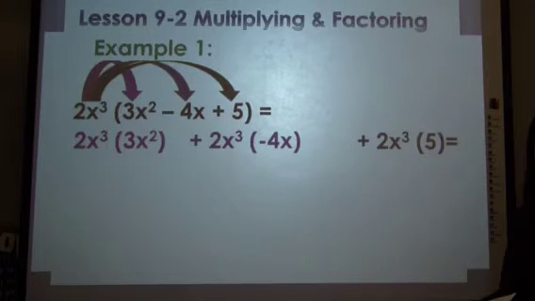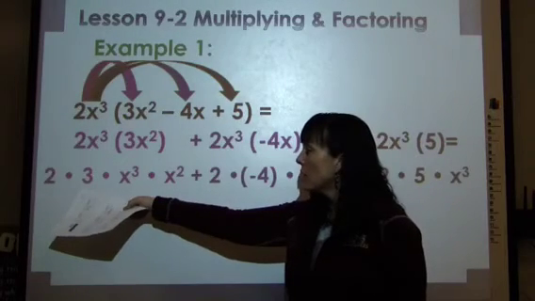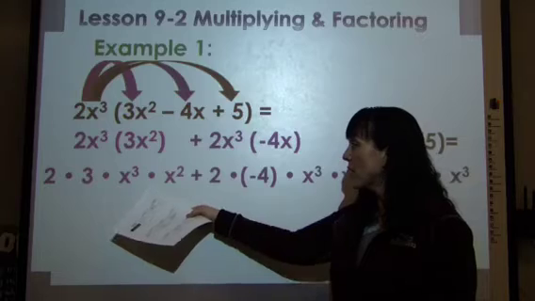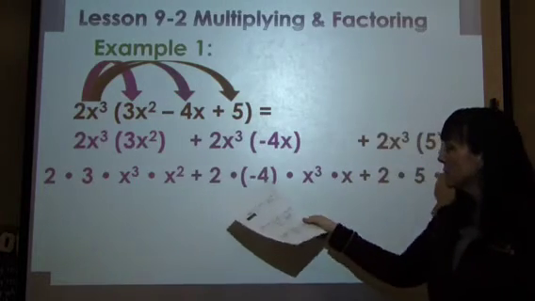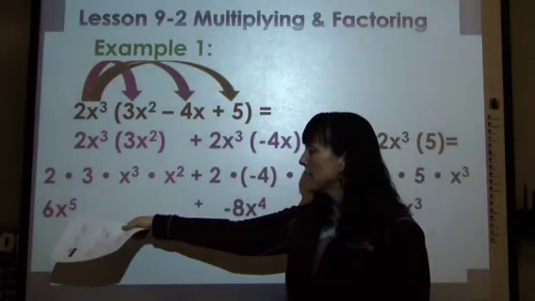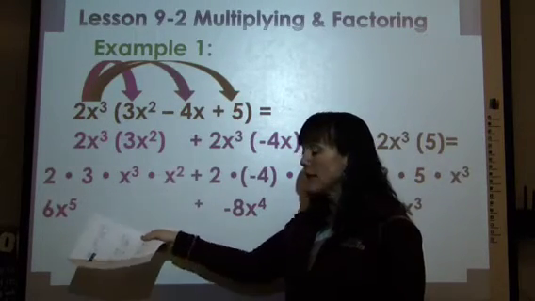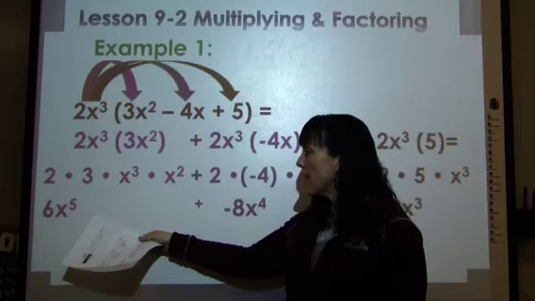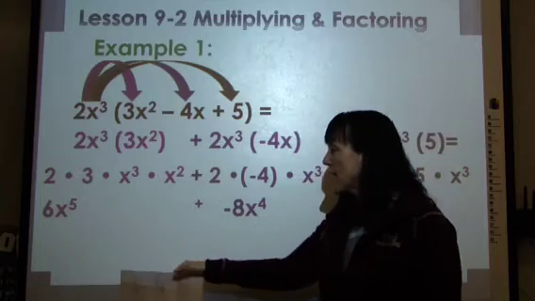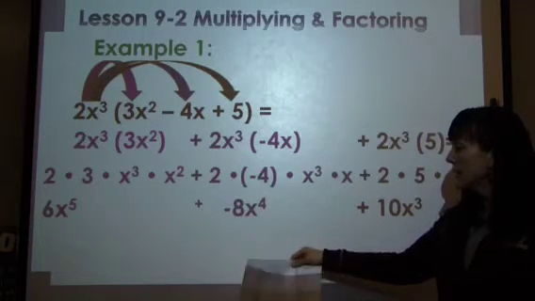Now we're just going to basically combine like terms. Our numbers will be multiplied, and our bases will be multiplied with their exponents added. So 2 times 3 is 6. x to the third times x to the second will be x to the fifth, and we learned in chapter 8 that when we have the same base and a different exponent, we just add the exponents. 2 times negative 4 is negative 8.